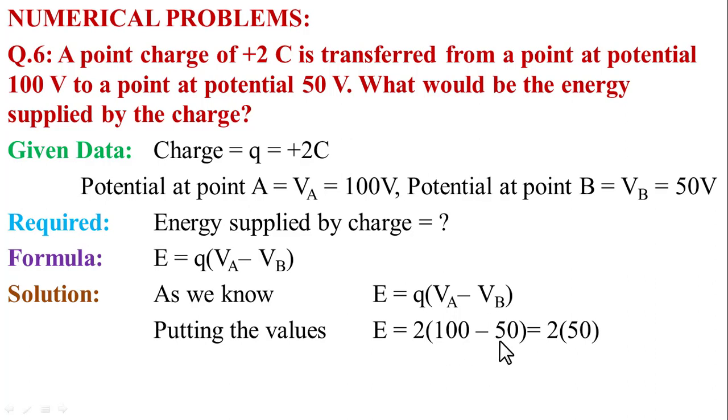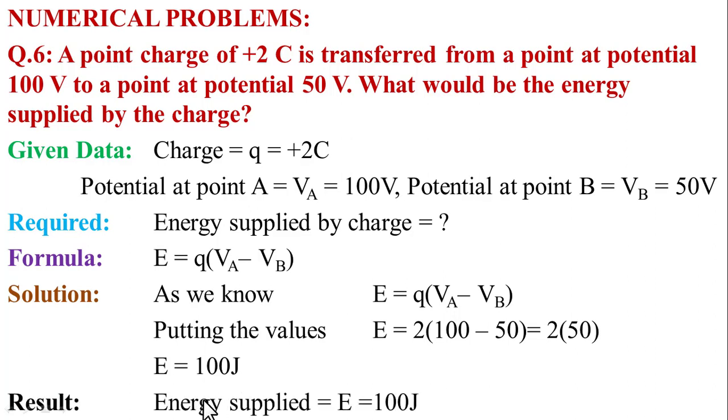Here 100 minus 50 is equal to 50. So energy E is equal to 2 multiplied by 50. So the value of E is equal to 100 joule. Required result of question number 6: energy supplied by the charge E is equal to 100 joule.